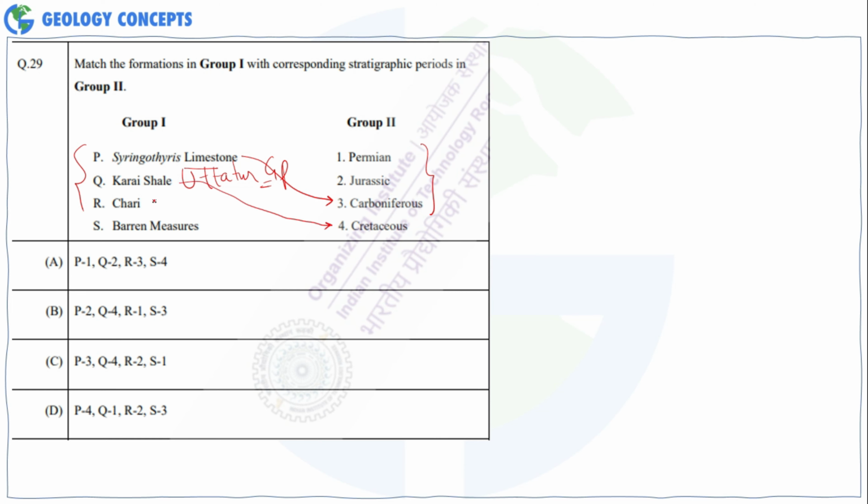Chari is from the Jurassic of Kutch, so I can relate this to the Jurassic time. And then the Barren Measures are from the Permian, which we can say is middle Gondwana, hence it is Permian. So the correct answer here will become 3, 4, 2, 1, which is option number C.